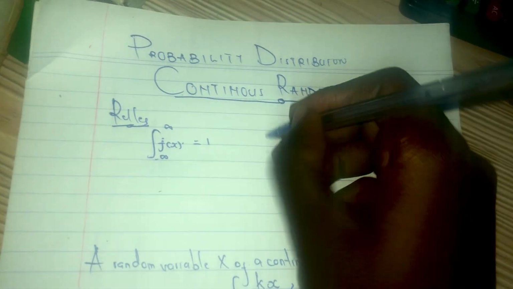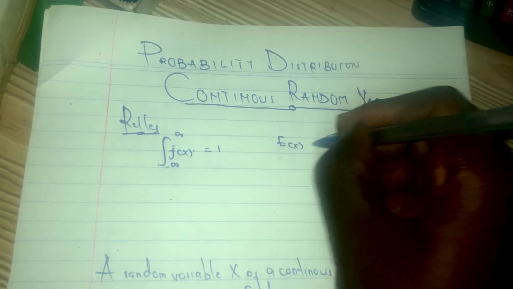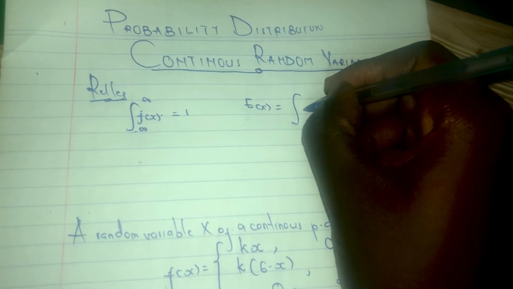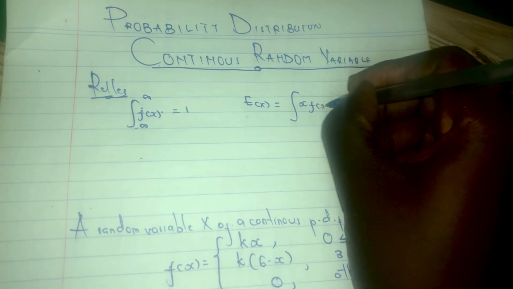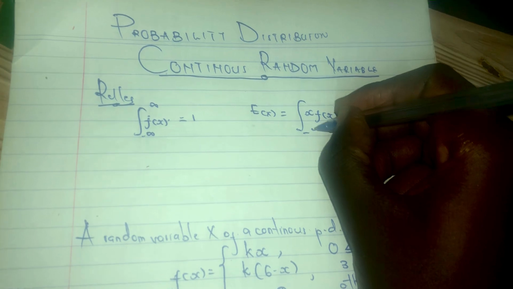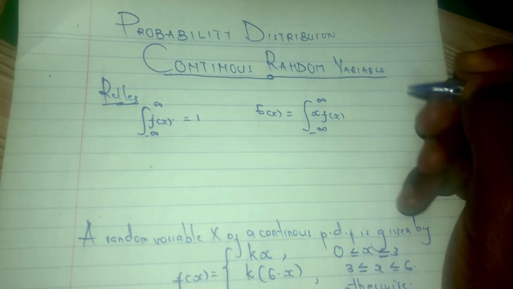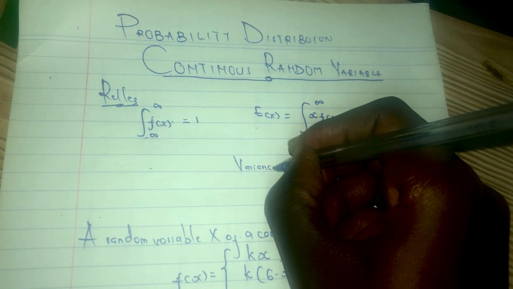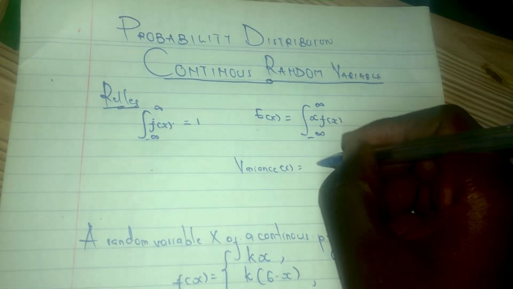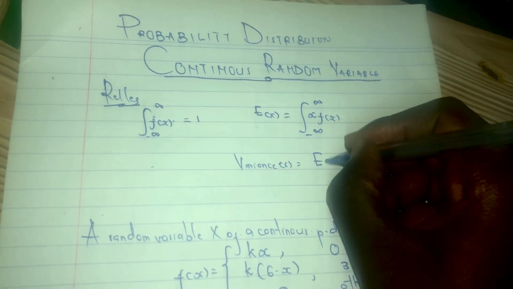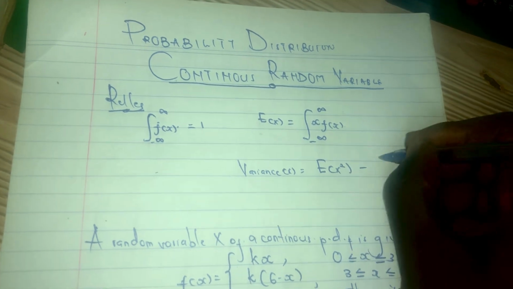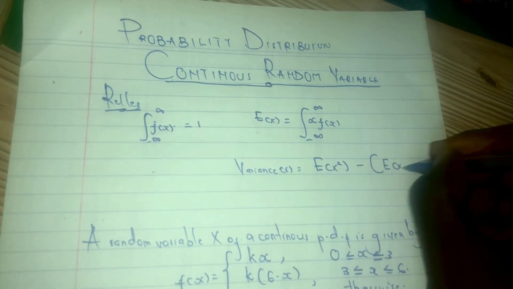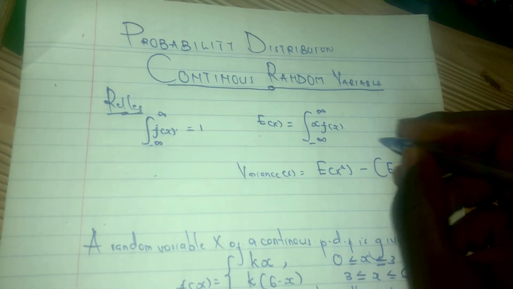Are we together? Its expectation, which is the same as mean, will be the integral of x f of x within a given interval. And then its variance, are we together, will be the expectation of x squared minus the expectation squared.